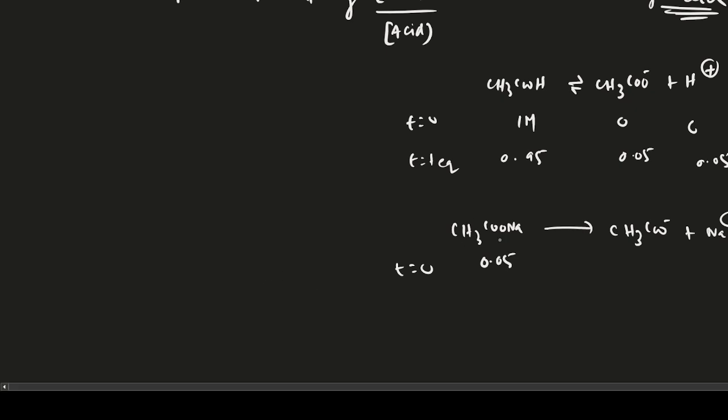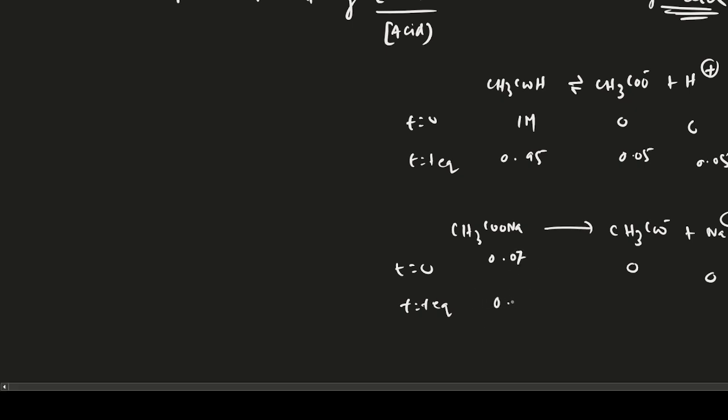So if the strong electrolyte is given in a very low concentration, then at T equal to T equilibrium this is going to become 0, and this value is 0.07 concentration.